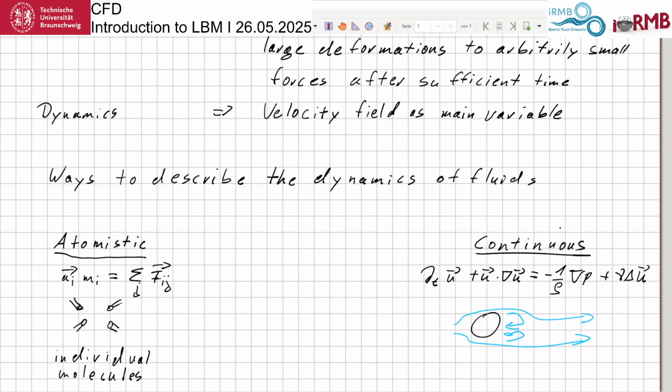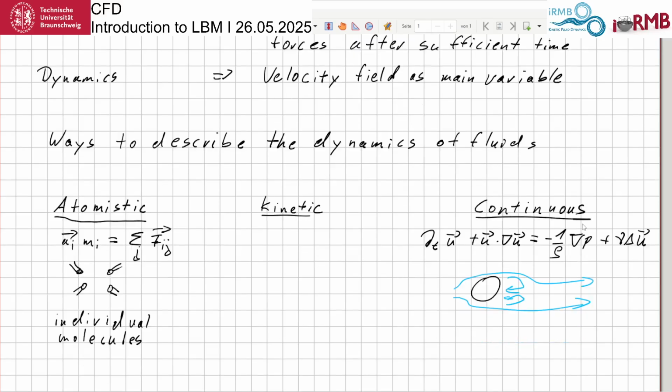And then in the middle, if you will, there is what we call the kinetic description. Okay, I should say here, no molecules.